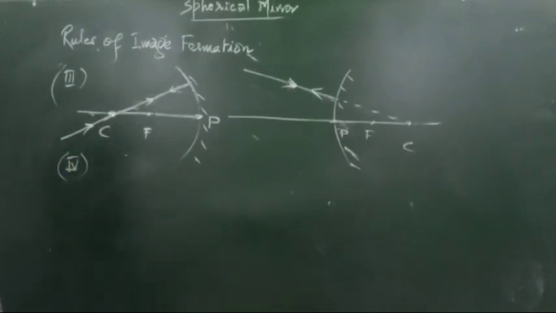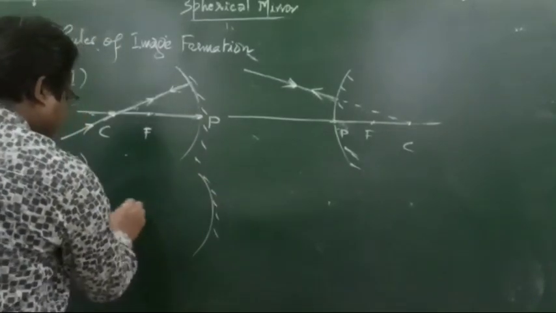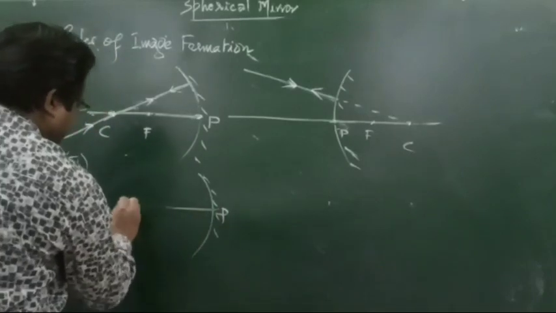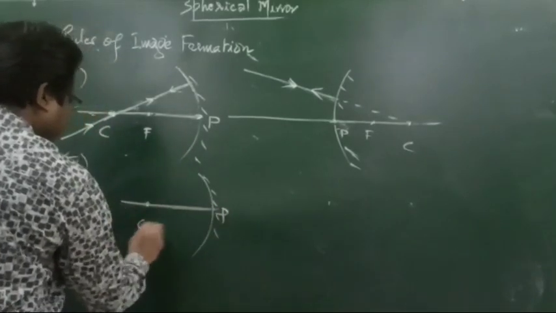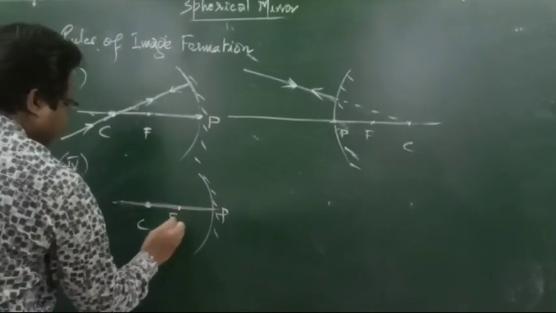Now after that, the next rule, the fourth rule. What is that? If you have a concave mirror, here's the pole, center of curvature, principal axis, focus.